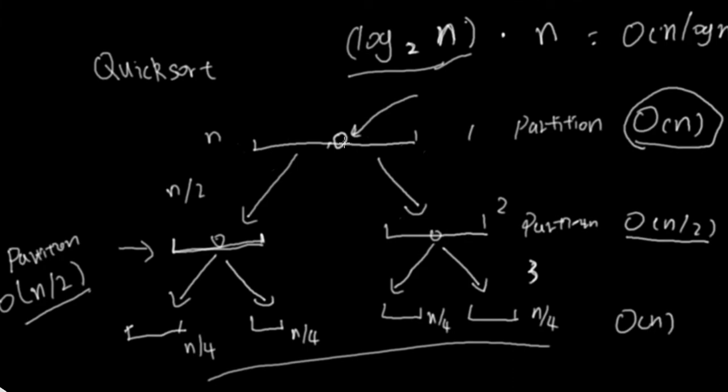Now I know that I've made an assumption that in every split of an array, we are always able to split the two parts of the array evenly, so that each part has exactly n divided by 2 size. But that is not always true. Imagine that we have an array here, and the partitioning pivot is lying here.